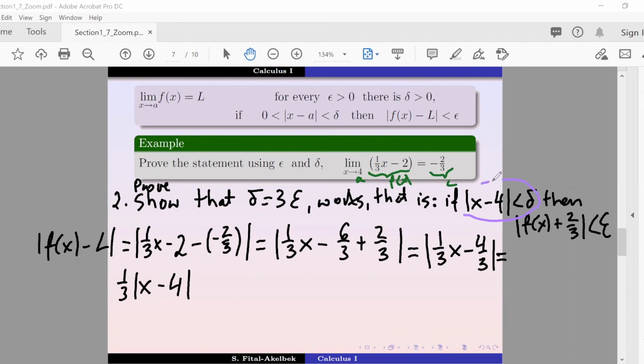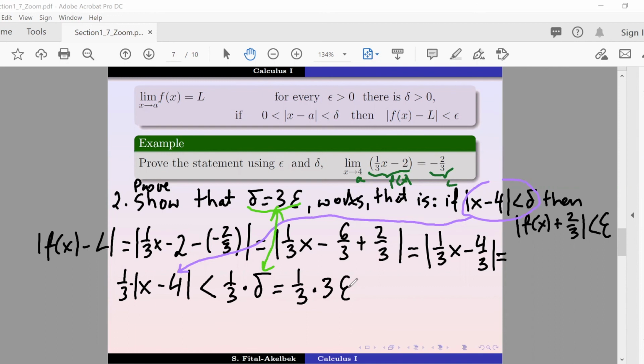So everything is less than, and I have 1/3 times, this is less than delta, so delta. Now, my delta is 3 epsilon, right? So we substitute: we had 1/3 times 3 epsilon. So the 3 and 3 cancel out, and I am left with epsilon.